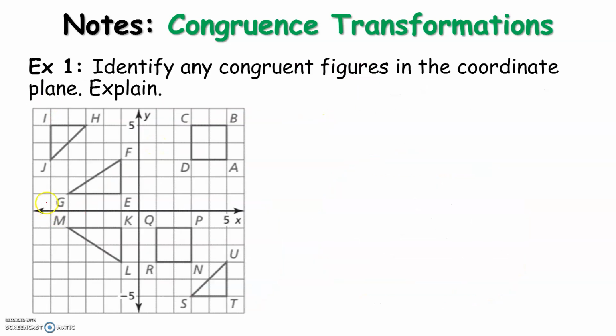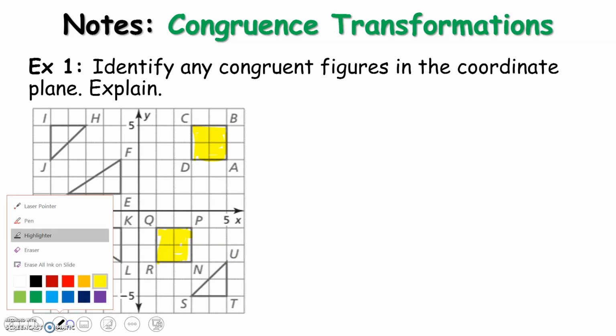So let's take a look at the image here. Do you see any shapes that are congruent? I do. I see this square, quadrilateral ABCD, and this square, quadrilateral NPQR. And I can see that these are congruent.